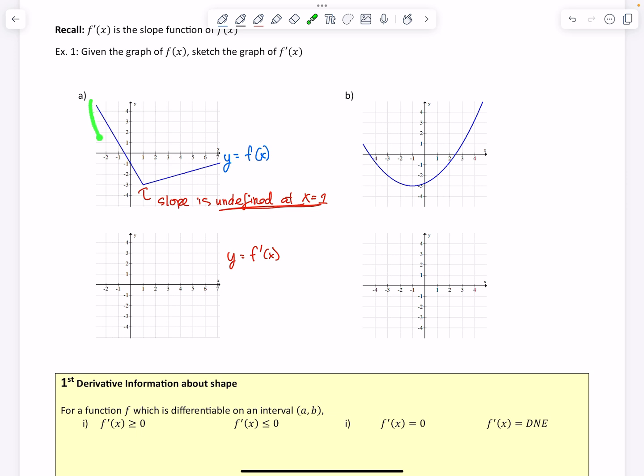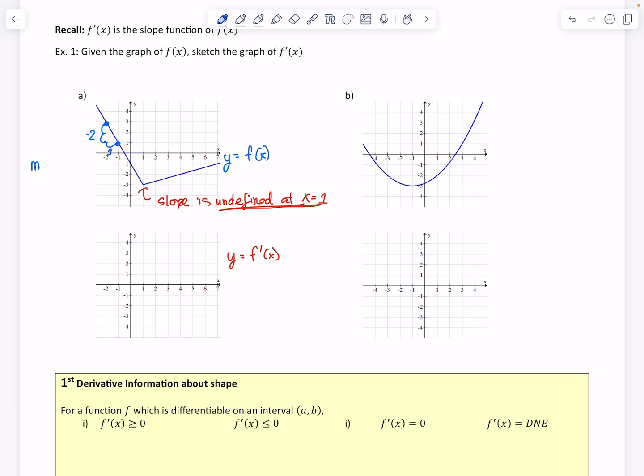Notice that on the left side of x equals 1, we have a line, and we know that the slope of a line is the same everywhere on that line. So what we can do is pick 2 points on this line to find the slope. From this point to the next point we go down 2, and then to the right 1.